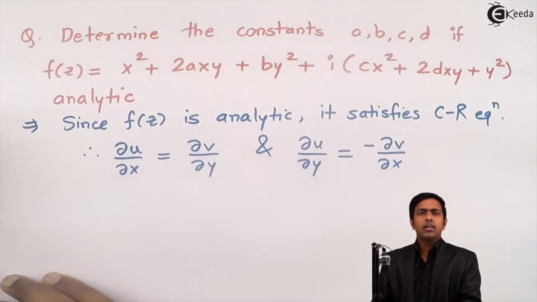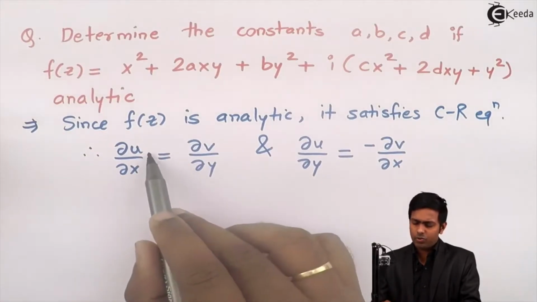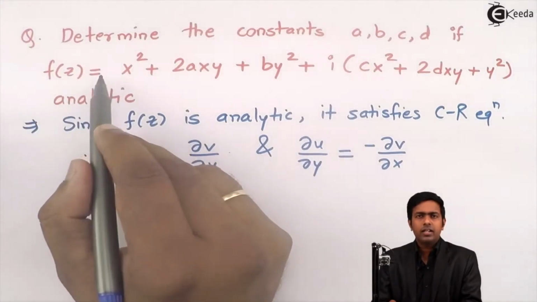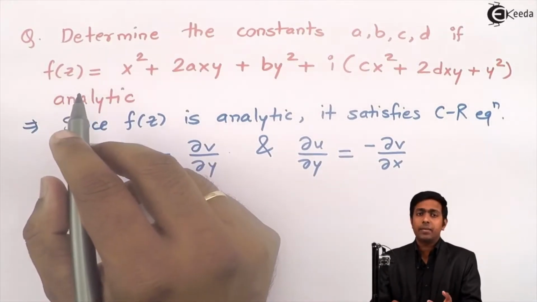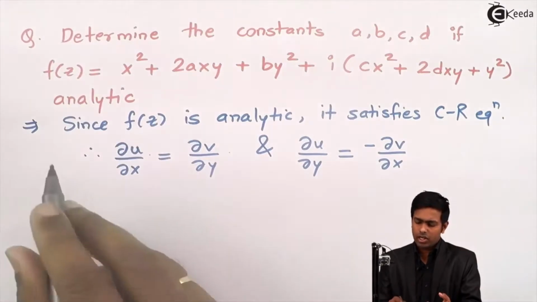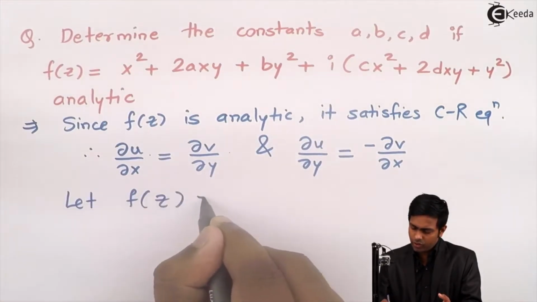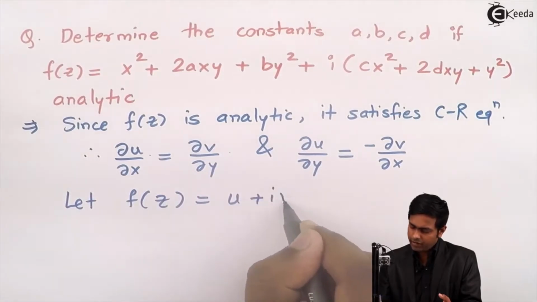Now for that, the first question is, what is u and what is v? We know that in f of z, the real part is u and the imaginary part is v. So let f of z be equal to u plus iv.